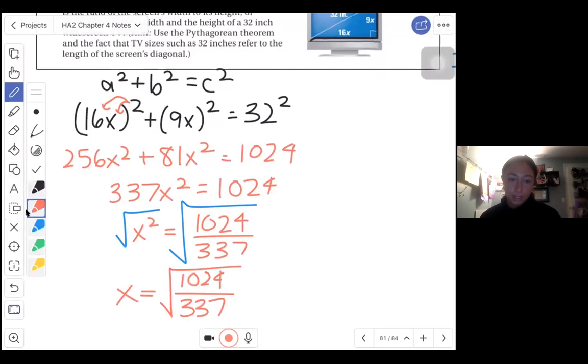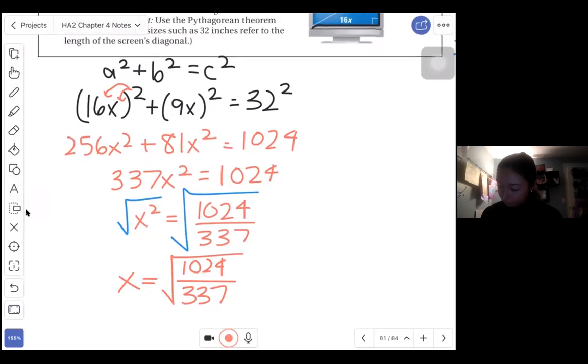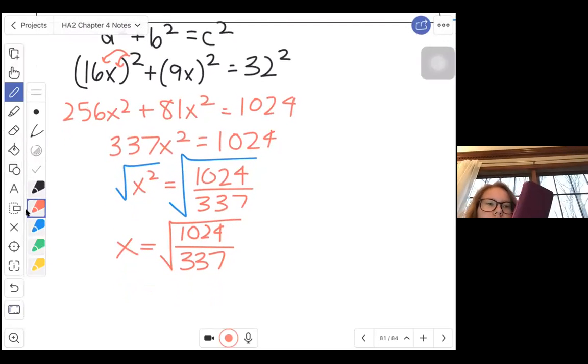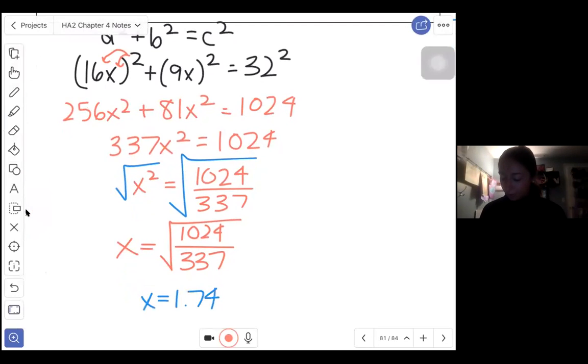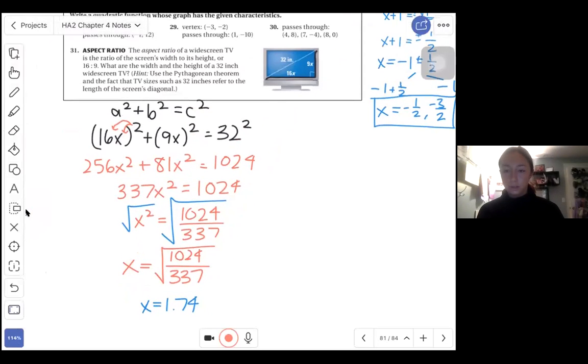And someone with a calculator, tell me what they get. 1.74. Yeah. Now we have to remember, we have to plug this back into our original problem to explain the answer.